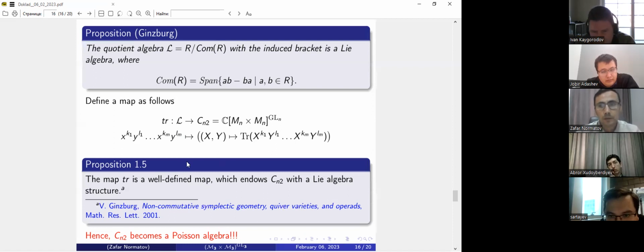It's not clear because in the middle there is this pair X, Y. This one? Yeah, the writing in the middle is not clear to understand. Actually, just the writing of the trace is not understandable.